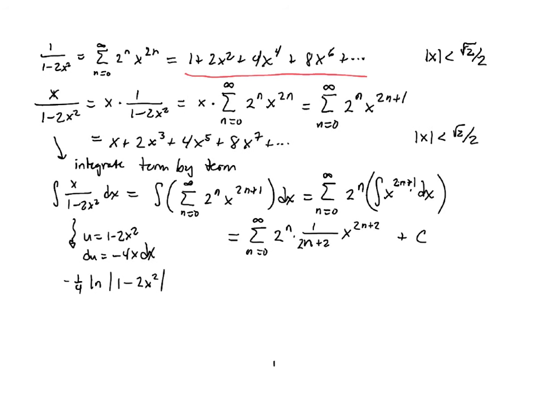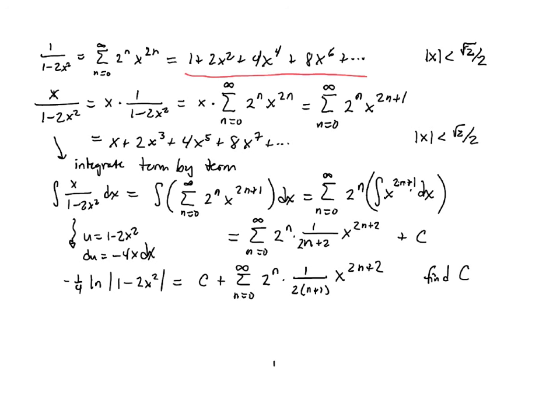And what this formula says is that we can rewrite this as c plus the summation n equals 0 to infinity 2 to the n times 1 over 2 times n plus 1 x to the 2n plus 2. Right? And there's no c on the left, so we can find a c value that makes this true.